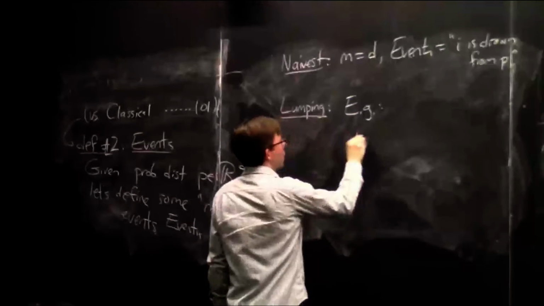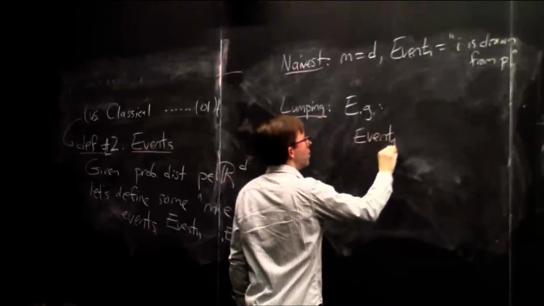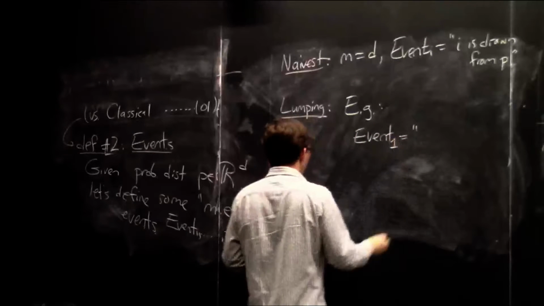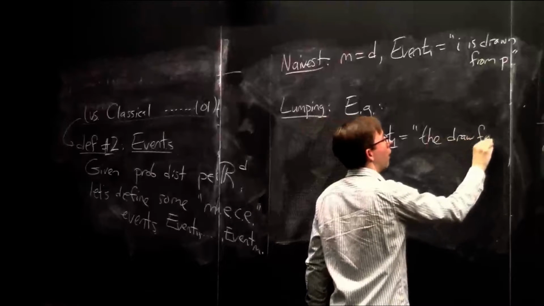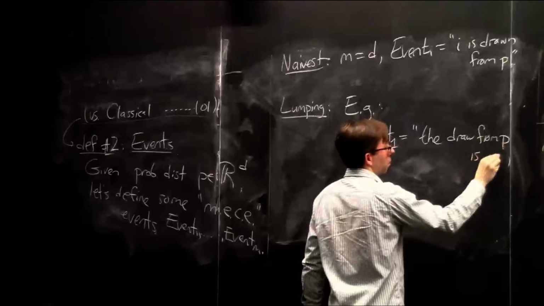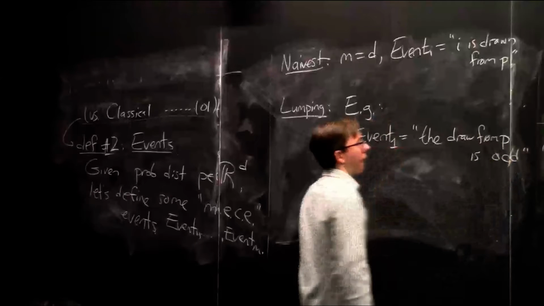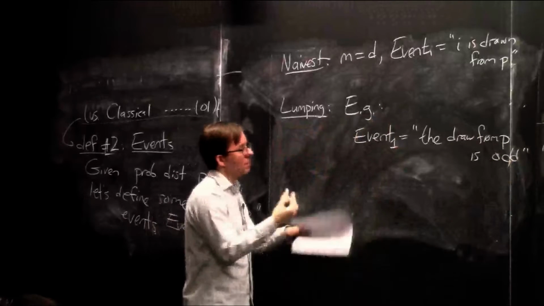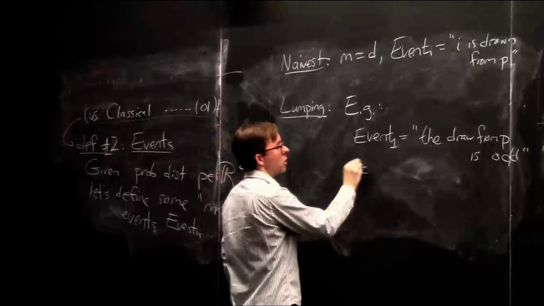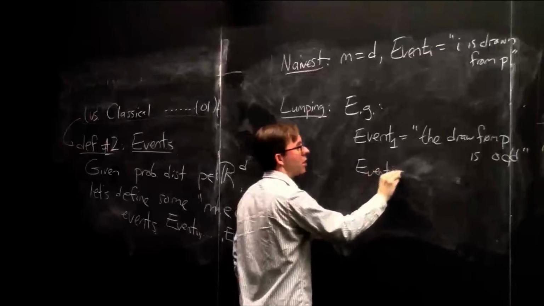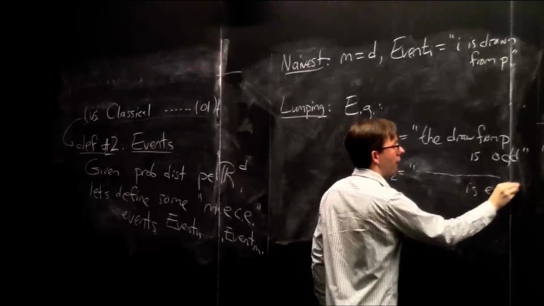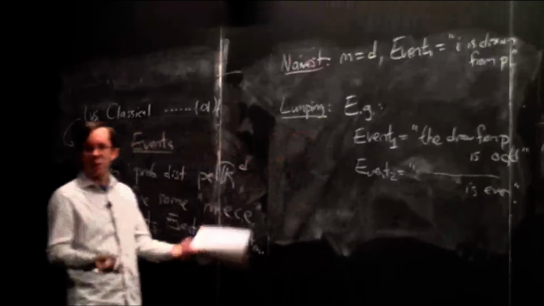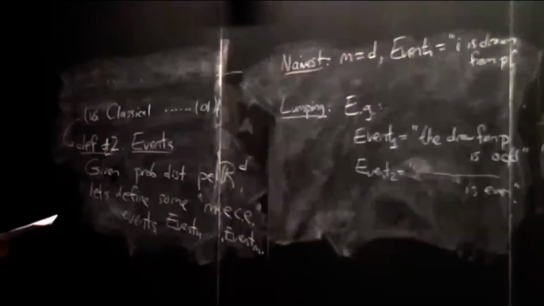Maybe you say, okay, I'm going to define event 1 to be the event that the draw from P is an odd number. Then I want these events to be mutually exclusive and exhaustive, so let me say event 2 is that the draw from P is an even number. Okay, so now I have two events. They partition the sample space. Great.